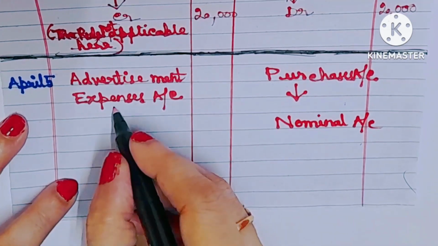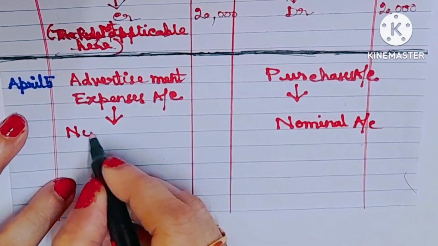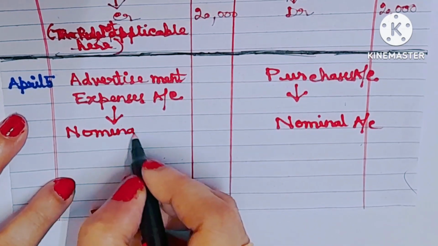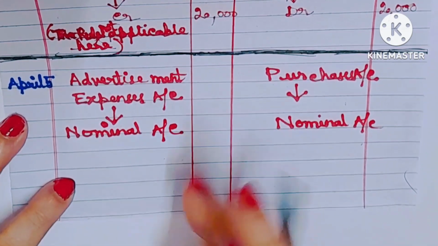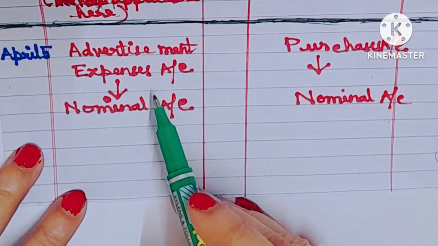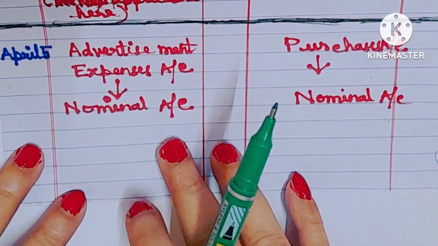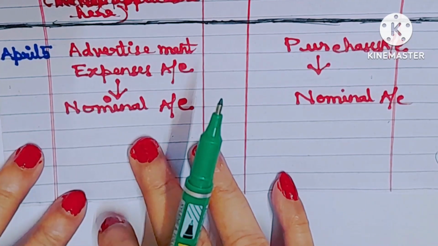And advertisement also comes under nominal account. Okay? Please remember, advertisement expenses is an expense for the business. And advertisement expenses account comes under nominal account.